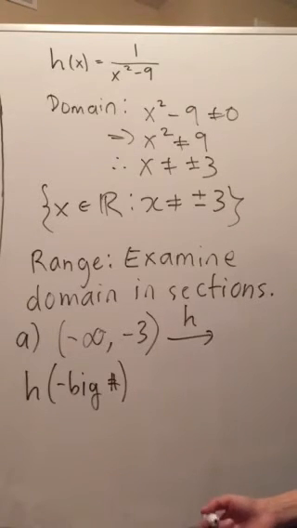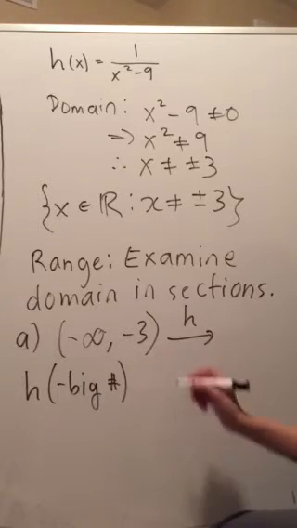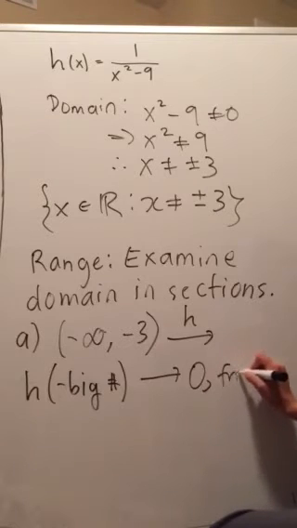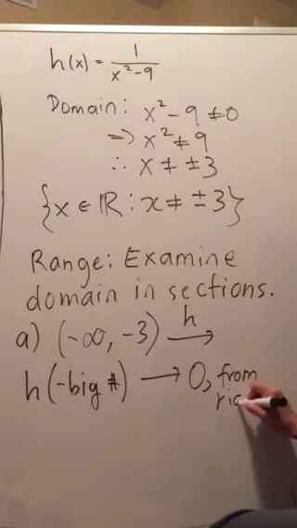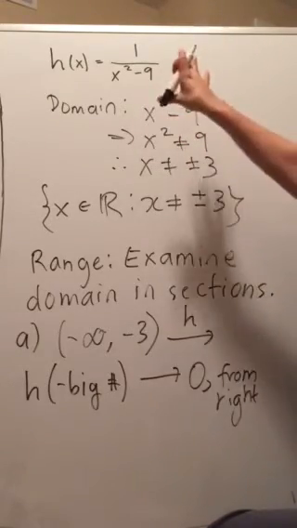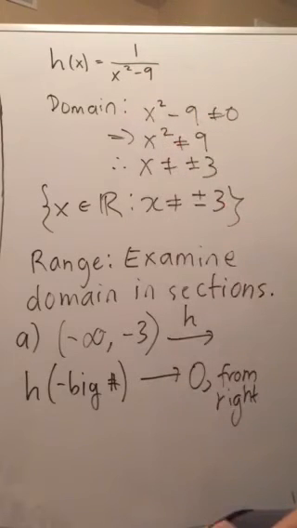So you're going to get 1 over a really big number. And 1 over a really big number is going to go to 0, but it's from the right. Why from the right? Again, because we squared our negative number, and so we did get 1 over a really big number, but it was a positive number that we ended up getting, a very small positive number.